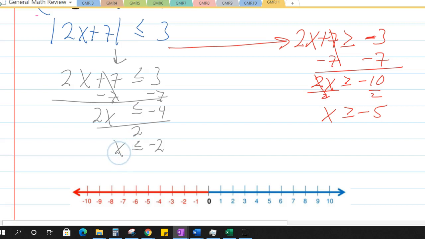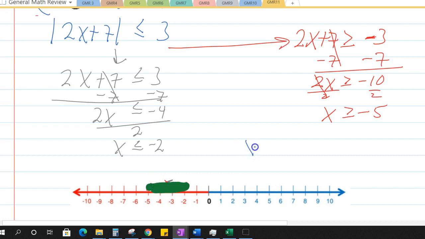Now if I was to graph this, I have x is less than or equal to -2, closed circle, moving to the left. Over here I have x is greater than or equal to -5. At -5, again a closed circle, moving to the right. So I'm going to be between and including -5 all the way to -2, also including.